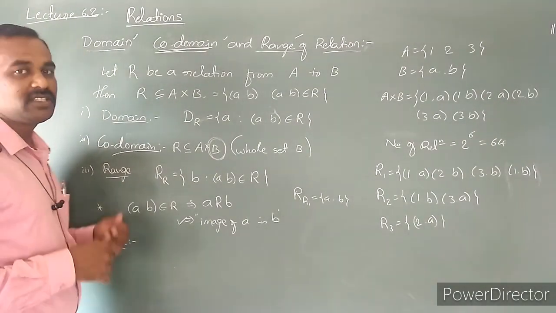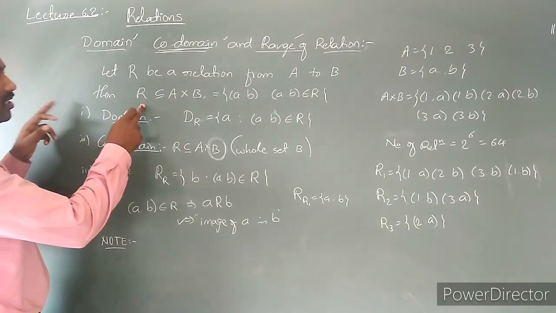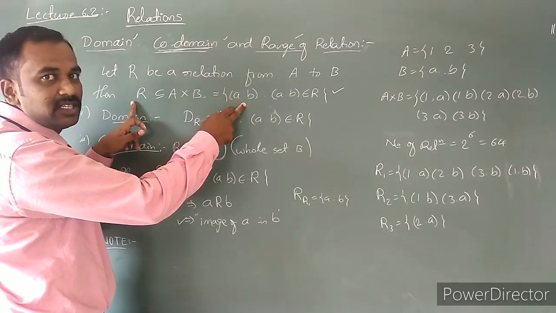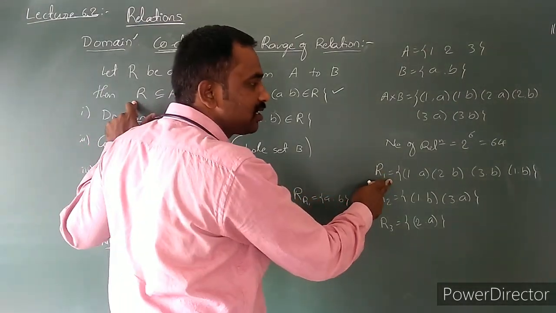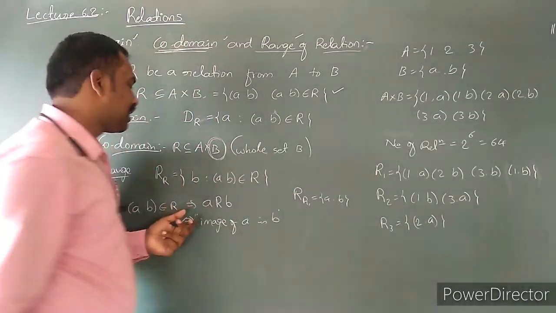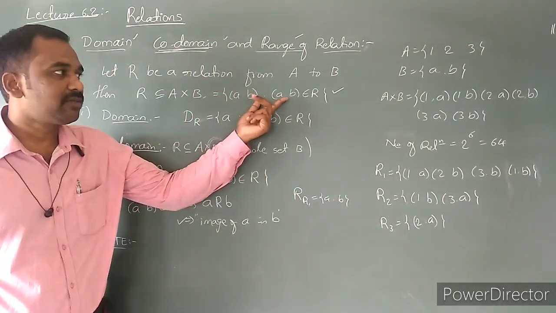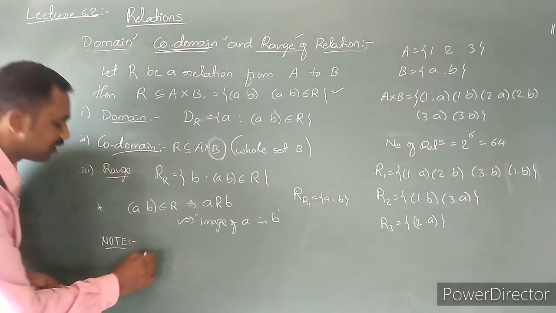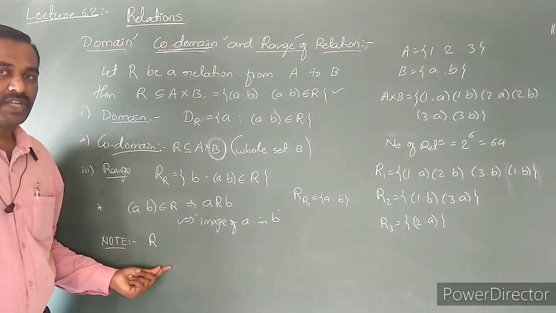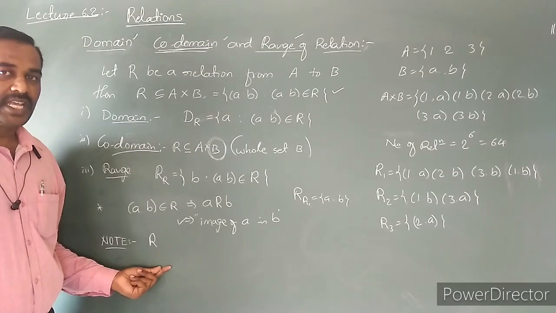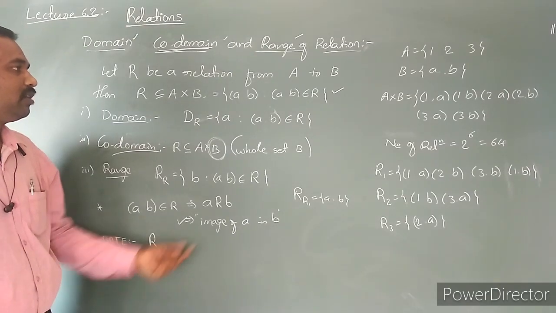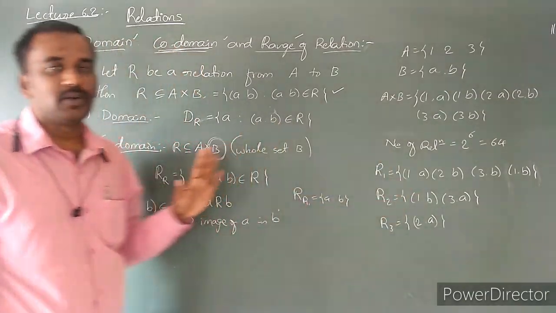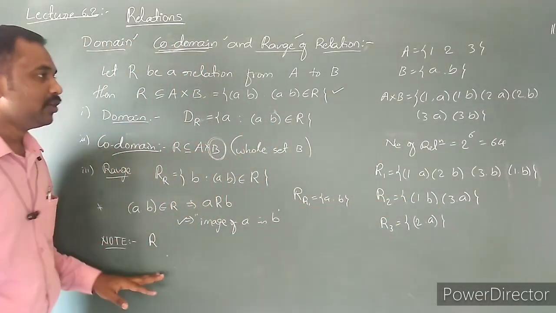Whatever relations we are writing, here we write the relation in terms of the set builder form, and here we write the relation in terms of the roster form. We can write the relations either in the set builder form or in the roster form. That is the particular note: every relation can be expressed in the form of set builder form or in the form of roster form.